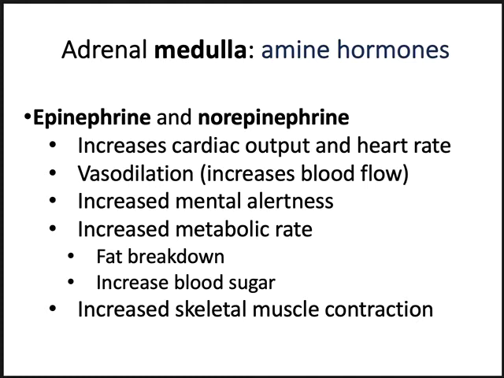And that's in your textbook. You can look at the chart in your textbook. Okay, so what does it do? It increases cardiac output and heart rate as well. So how much blood with each pump is pumped out of the heart would be the cardiac output, whereas how many pumps per minute would be your heart rate, okay?